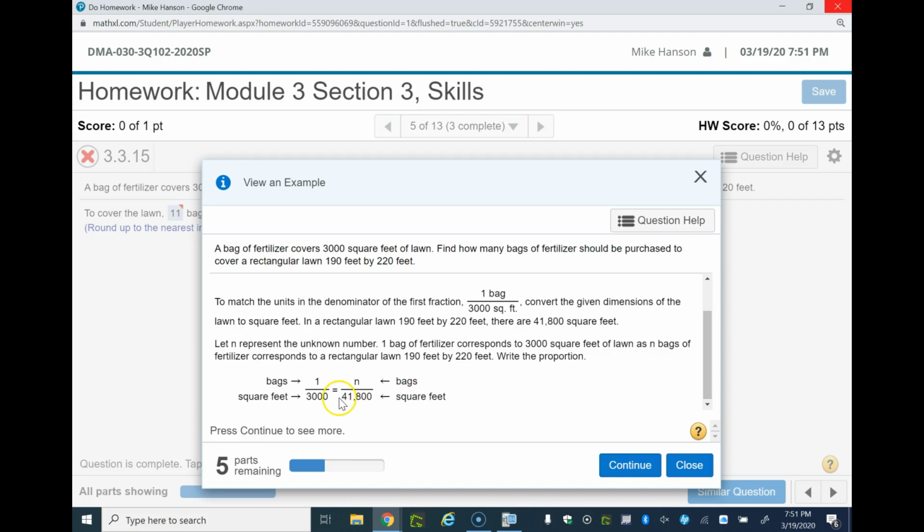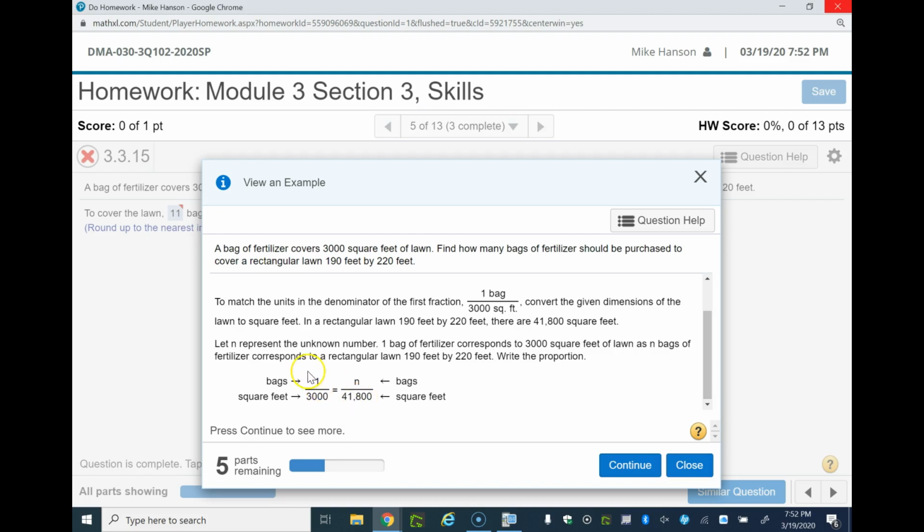But where did they get this number from? Well, square feet: anytime you multiply two of the same units together, that's where the square comes into play. So feet times feet gives us square feet. We multiply 190 and 220 together, and this is where we get 41,800. So these are actually the numbers we're going to use. Once again, to solve, what are we supposed to do?